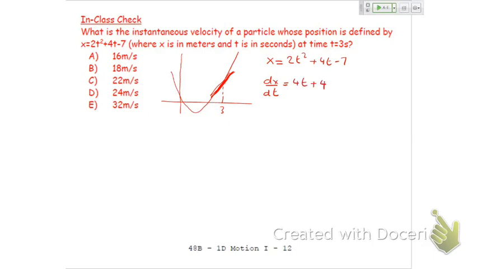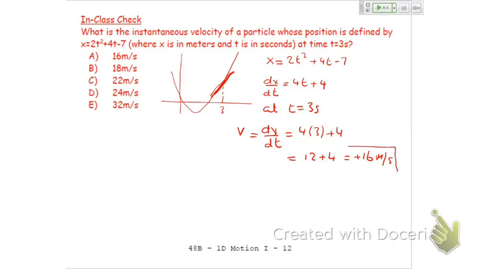And then at t equals 3 seconds, v equals dx by dt, equals 4 times 3 plus 4, which equals 12 plus 4, which equals plus 16 meters per second. Did I do that right?